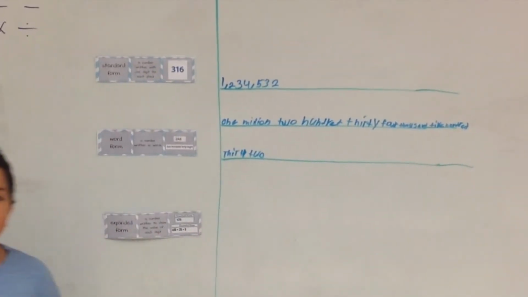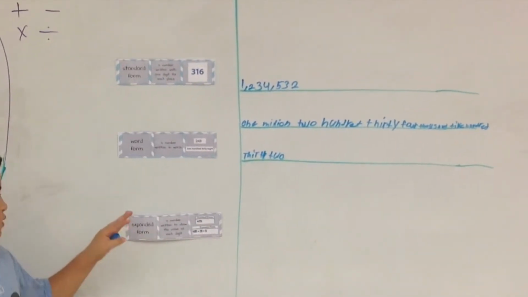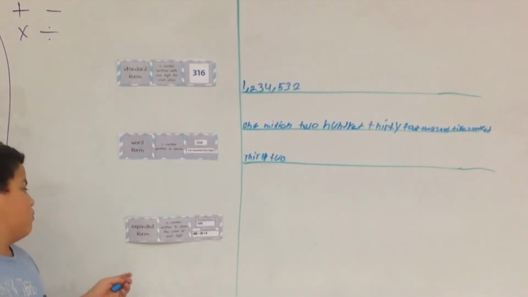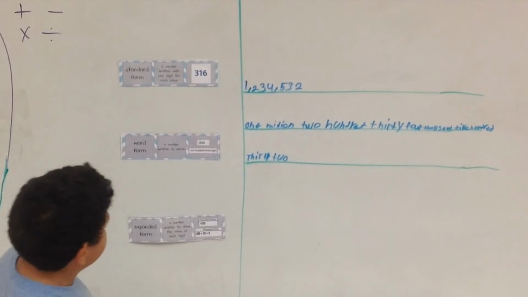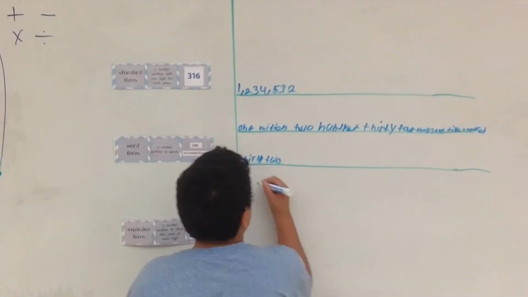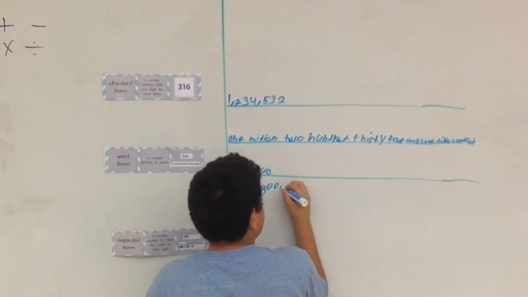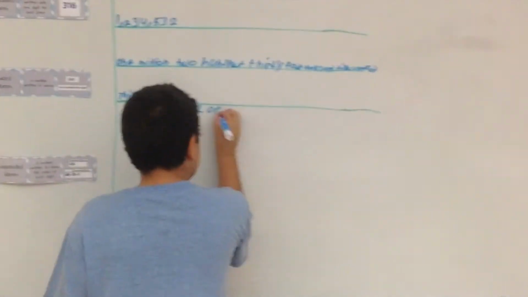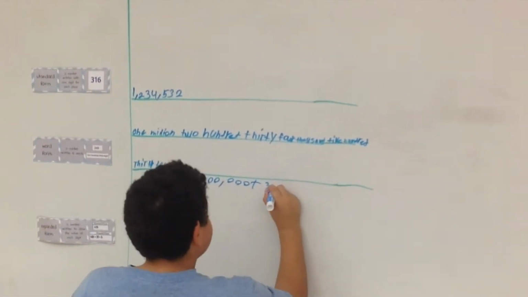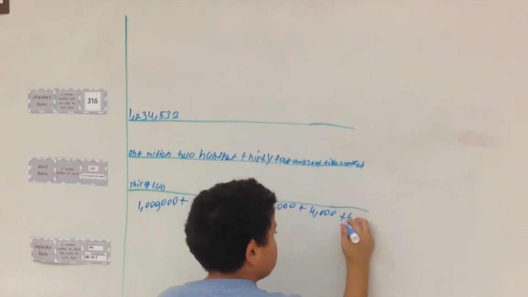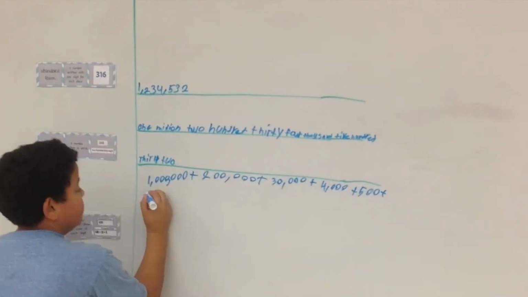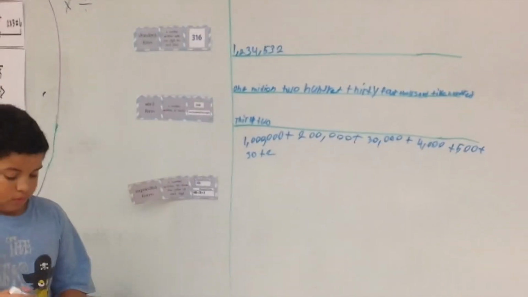So now I'm going to write the numbers in expanded form: a number written to show the value of each digit. Nice work, Nate.